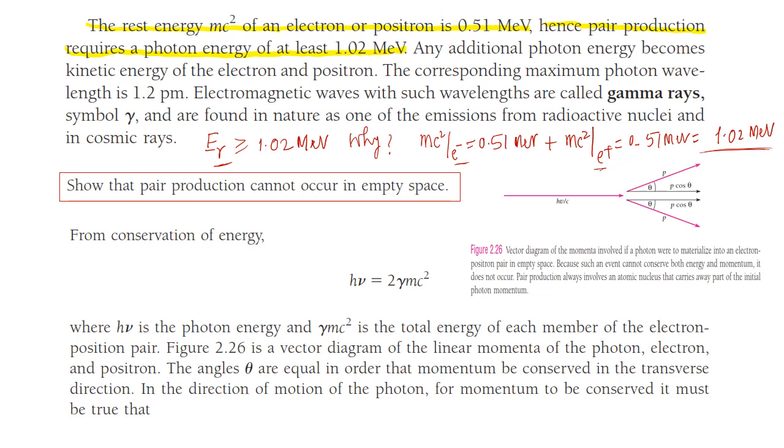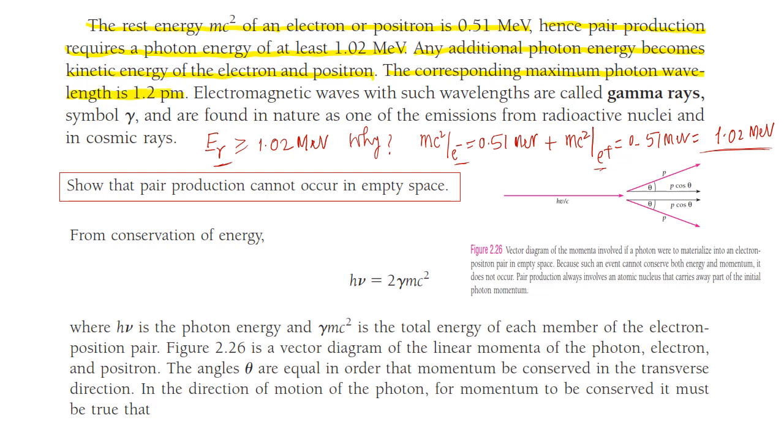So any additional photon energy becomes the kinetic energy of the electron and the positron. Okay, so if the energy of the photon is greater than 1.02 MeV, the extra energy above 1.02 MeV will be distributed to the kinetic energy of the electron and positron, and the corresponding maximum photon wavelength is 1.2 picometer.